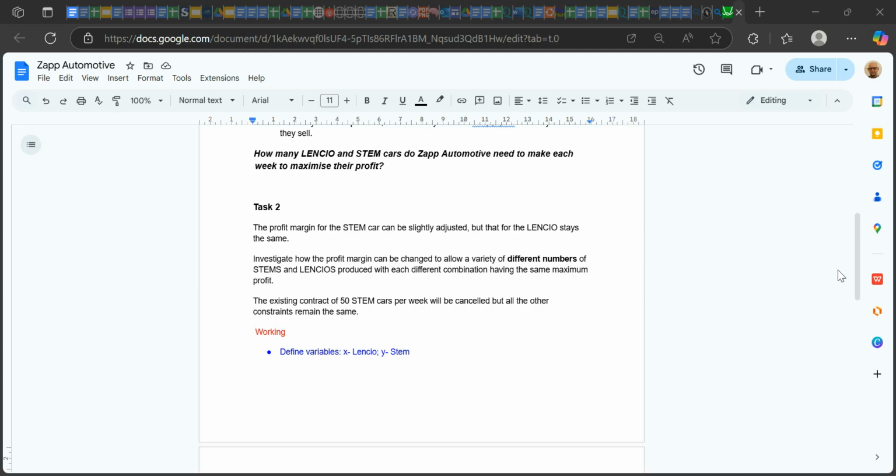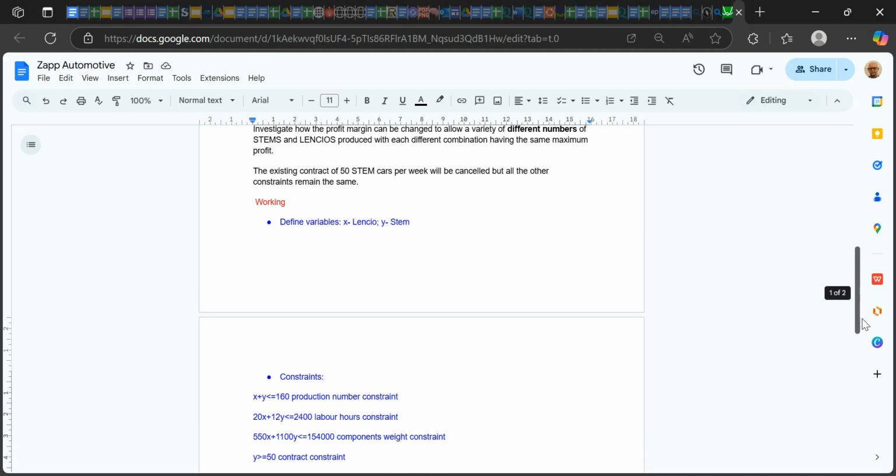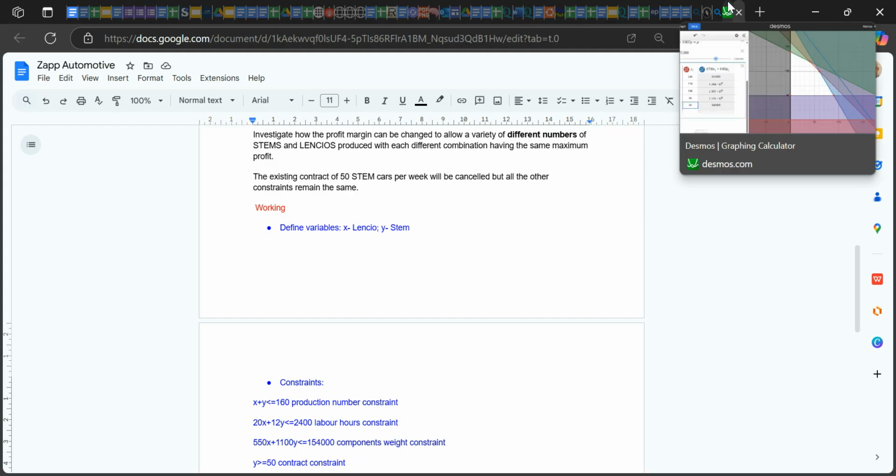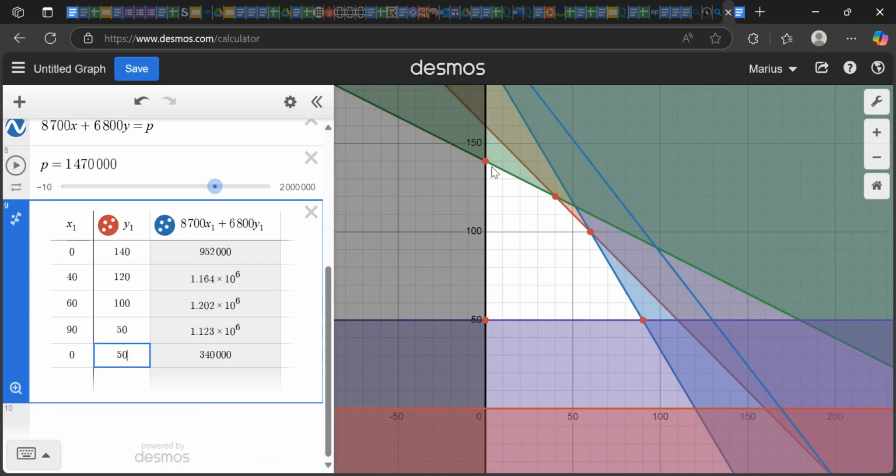Okay? Now, I'm looking at the graph and at these constraints. Having multiple solutions means that my objective function, that of the profit, is parallel to one of the constraints.